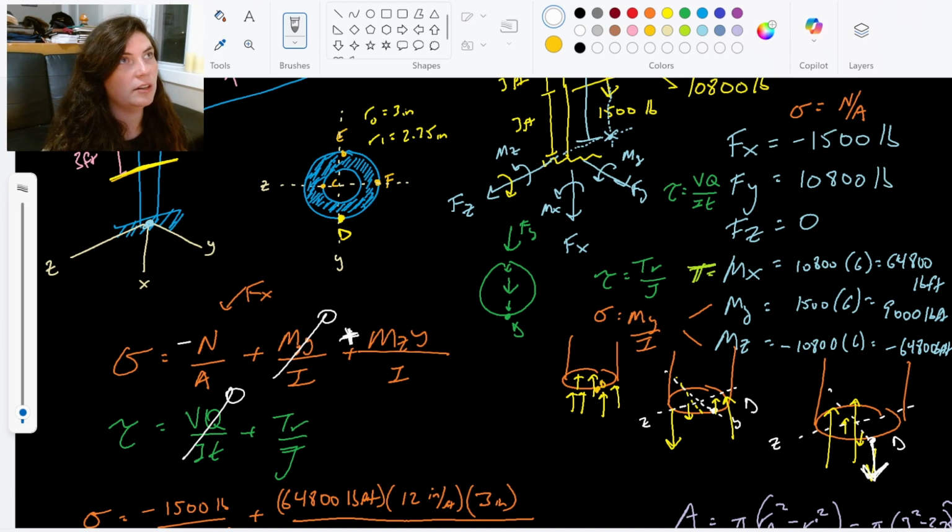Let's see if we need our next one. All right, look at this cross section. Here's the tube. Point D. I have a torque.